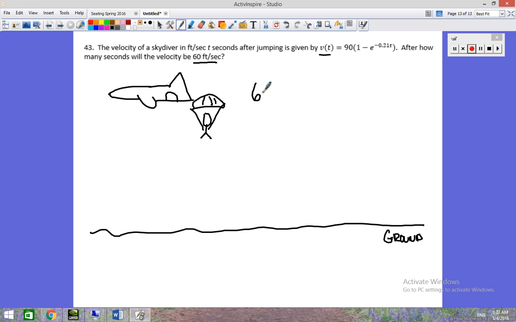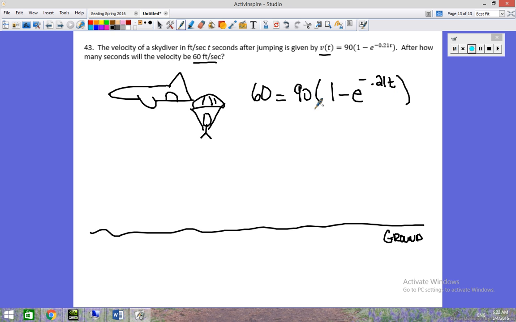So on the left-hand side, we've got 60, and on the right-hand side, 90 times 1 minus e to the negative 0.21t. All right, so on the right-hand side, we have two factors. It's the second factor that has our variable. Let's get that factor by itself.